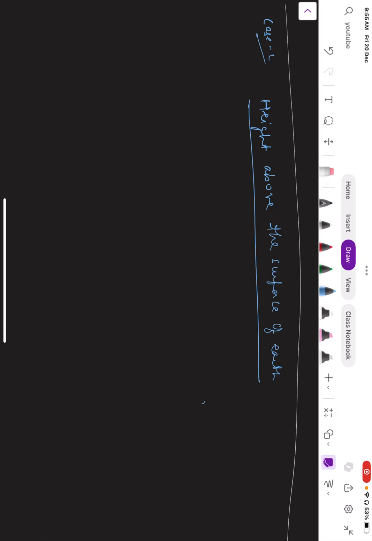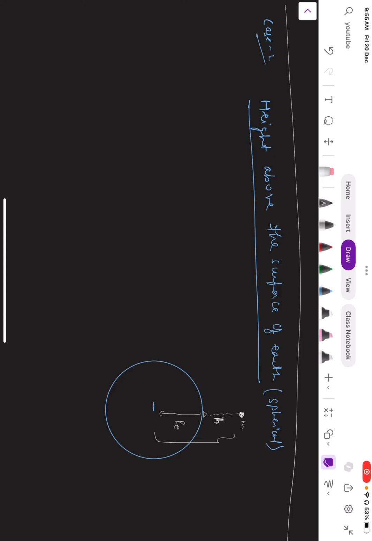Suppose this is the earth, and we assume it is spherical. There is a small mass m at height h from the surface of earth, and this is the radius of earth.